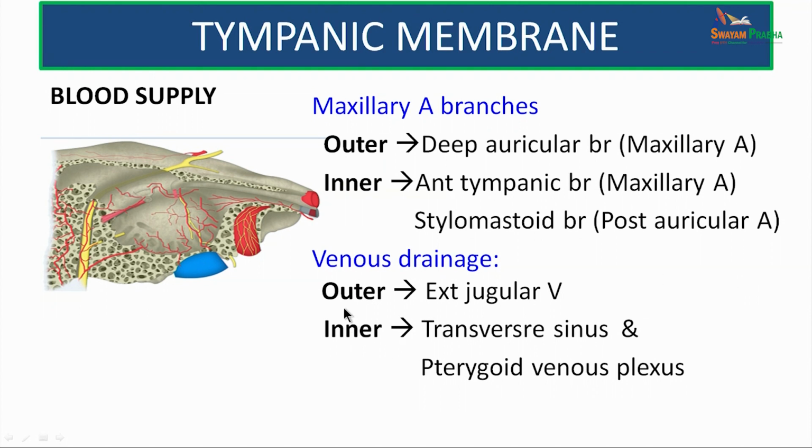From the outer aspect, the veins drain into the external jugular vein, and from the inner aspect, it drains into the transverse sinus and pterygoid venous plexus. That means it directly drains into the middle cranial fossa.